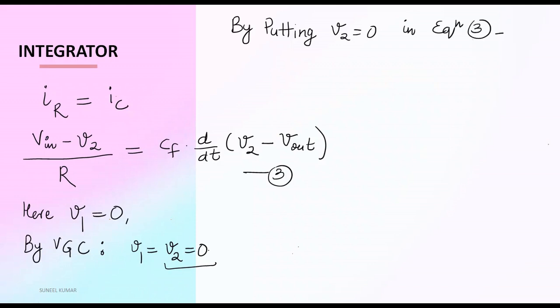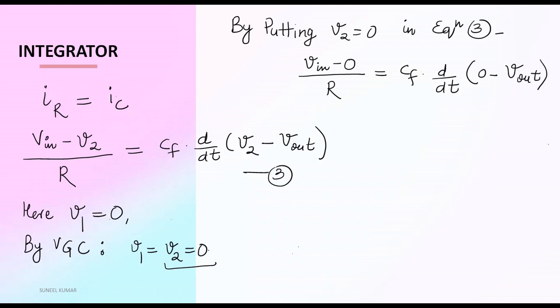So what we will get? We will get V input minus 0 divided by R is equal to CF into d by dt of 0 minus V output. Now we are going to simplify this equation.